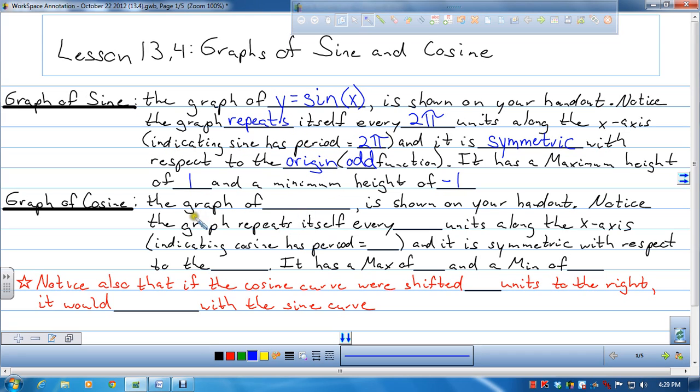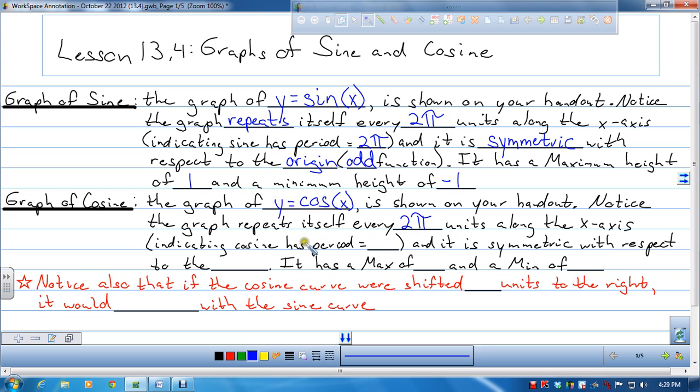Okay. Now, when we look at the graph of the cosine, so the graph of y equals the cosine of some value x, that's also shown on your handout. It is the darker line, I believe. You'll notice the graph repeats itself again every 2 pi units along the x-axis.